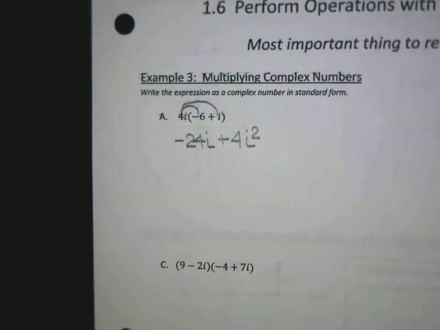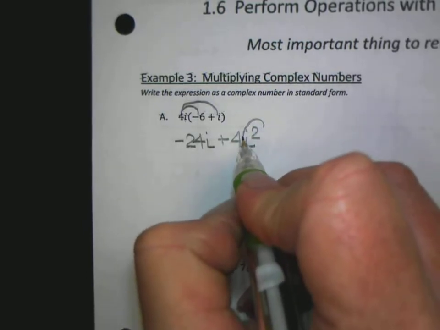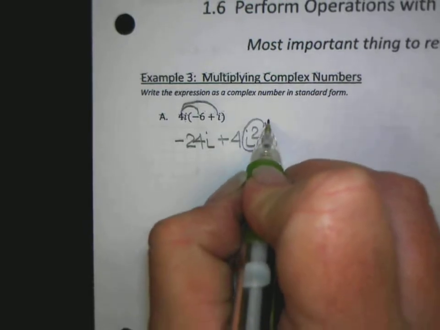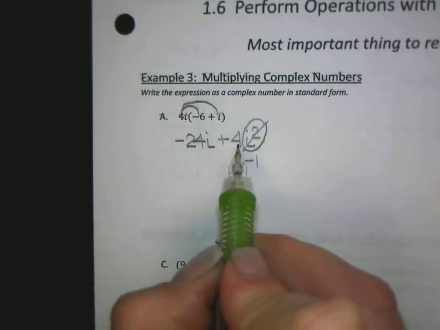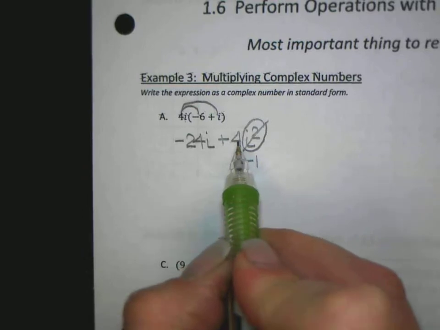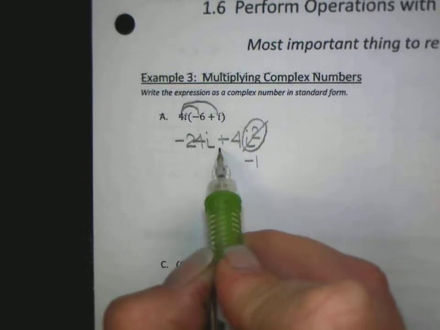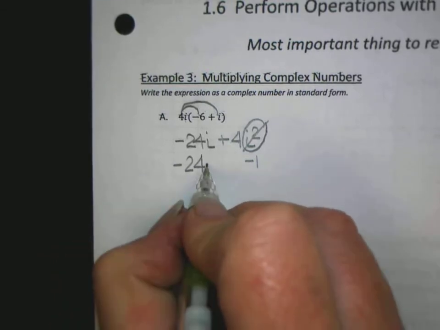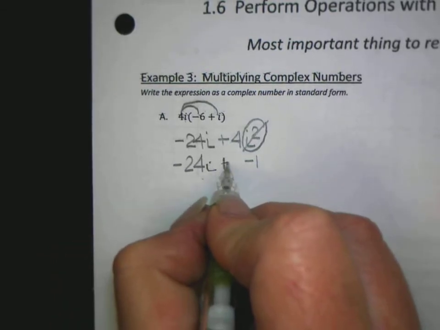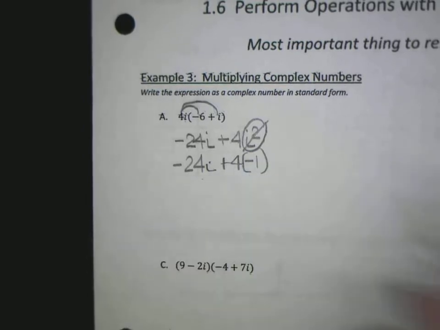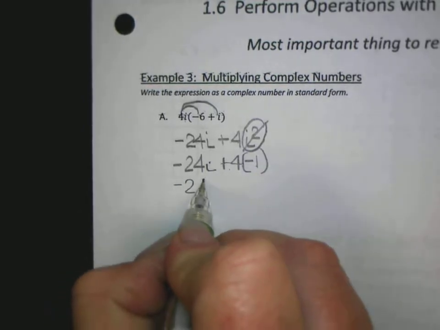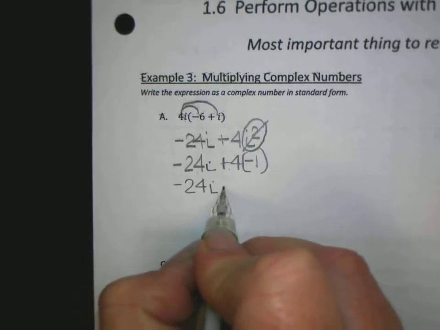However, you're not done, because remember, wherever there's an i squared, it becomes a negative 1. Now remember, this is 4 times i squared. So now this becomes, this is the long version, negative 24i plus 4 times negative 1. Negative 1 times 4 becomes negative 24i minus 4.